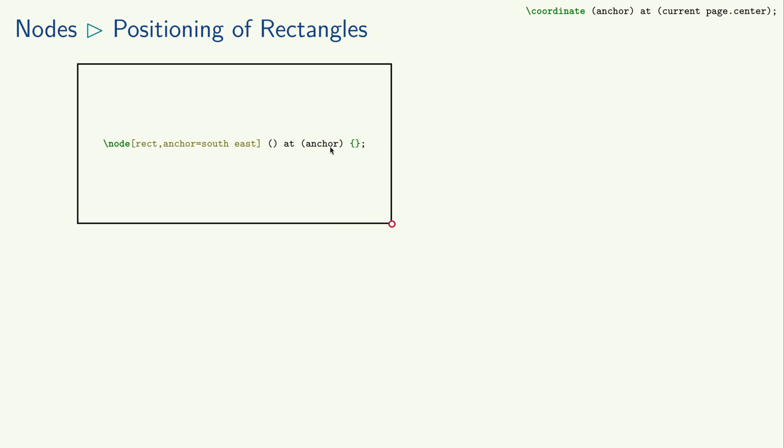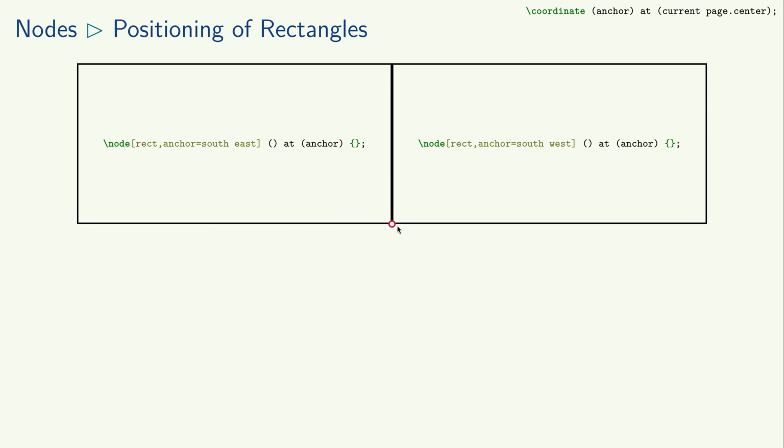We place it at the anchor point, which is defined here. We say that we want the southeastern anchor of this rectangle to be at that point. So that is the southeastern corner that has to be there.